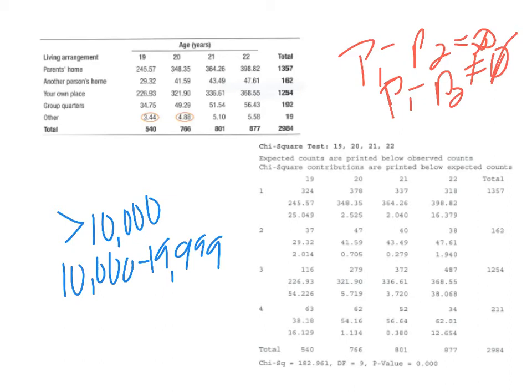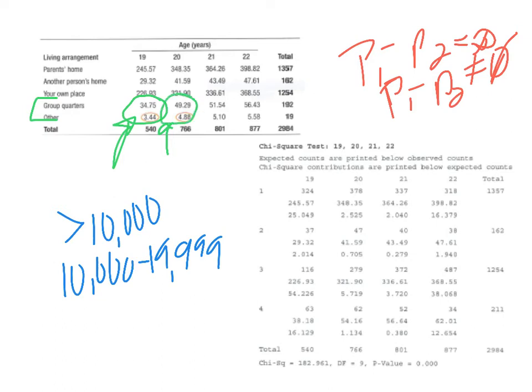And then the last what-if is what if my expecteds are not at least 5, because they have to be 5. If my expecteds are not 5, I could consider combining, for instance, group quarters along with other quarters. If I combine these two categories together into group quarters and other, then I do get expecteds of at least 5.